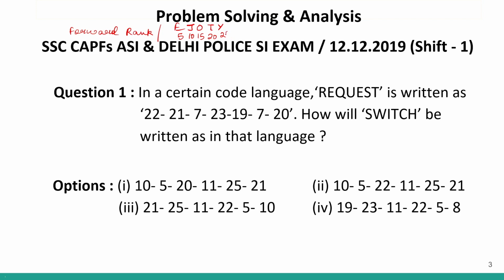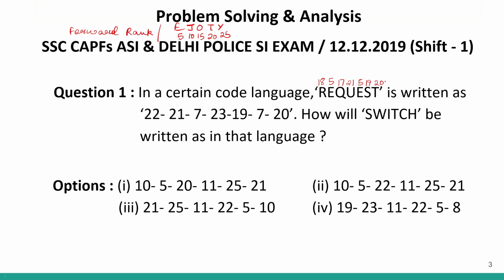So this was AJOTI to remember the forward ranks. So let us see how request is coded. If you remember the forward ranks, R is 18, E is 5, Q is 17, U is 21, E is again 5, S is 19 and T is 20. So these are my forward ranks.